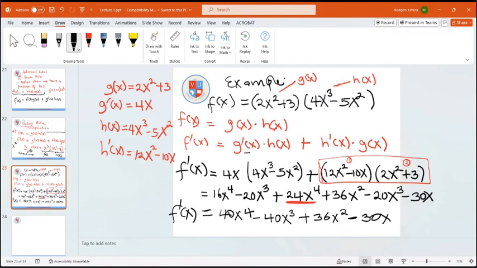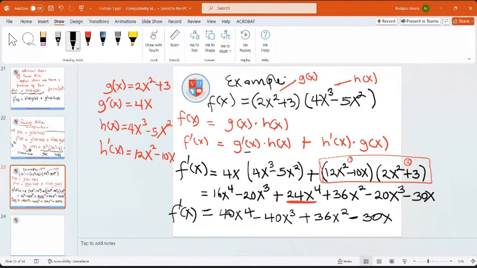Where have you got a 40? I'm not seeing it. Which 40, 40x^4 or 40x^3? All of them. How have we got this one? You have 16 plus 24.